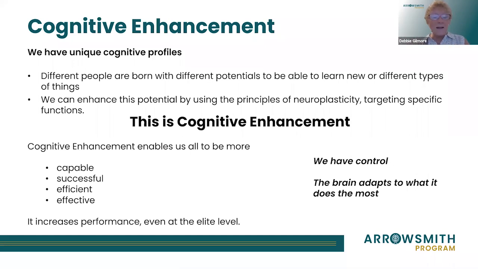So cognitive enhancement allows us to be more capable, more successful, more efficient, more effective. Even at the elite level, performance can be increased, and it's happening all the time. The Winter Olympics is happening right now. That's what they're engaging to do, that practice. So again, just a reminder, we have control over this, and the brain adapts to what it does the most.